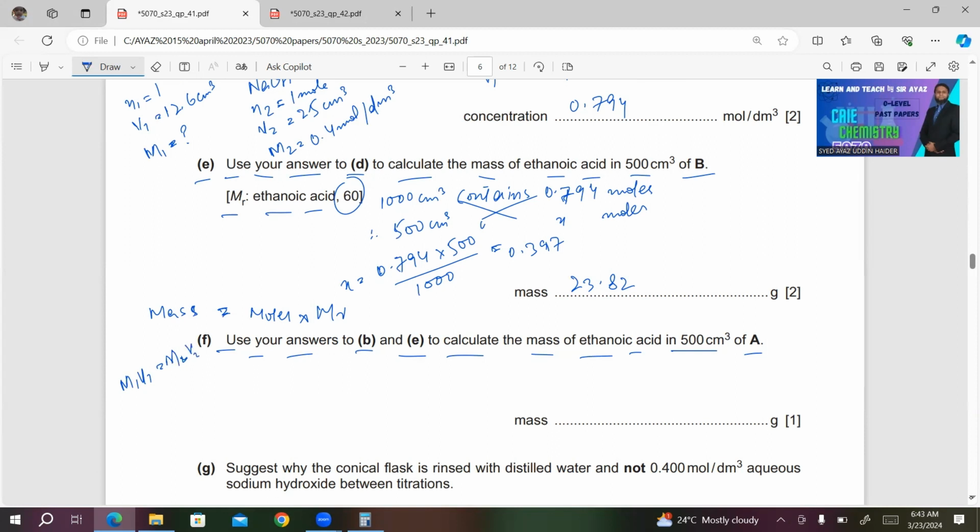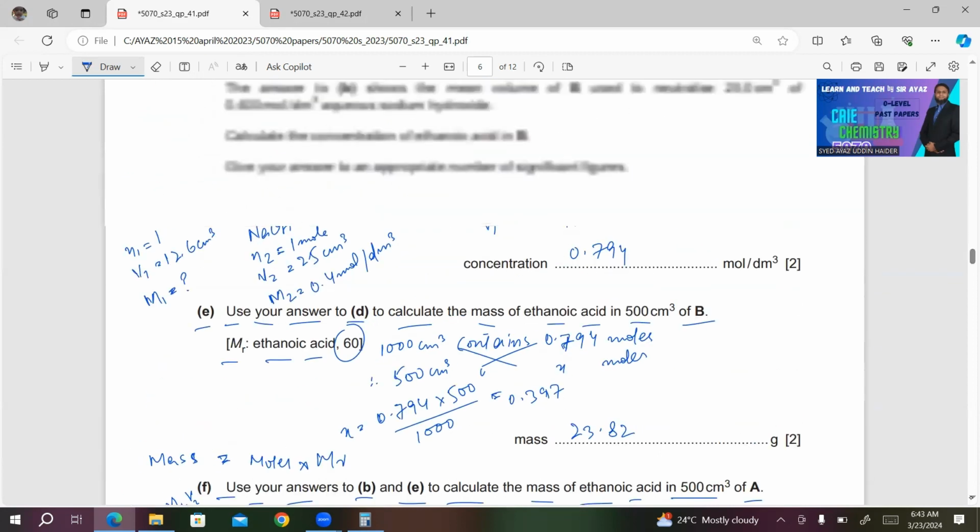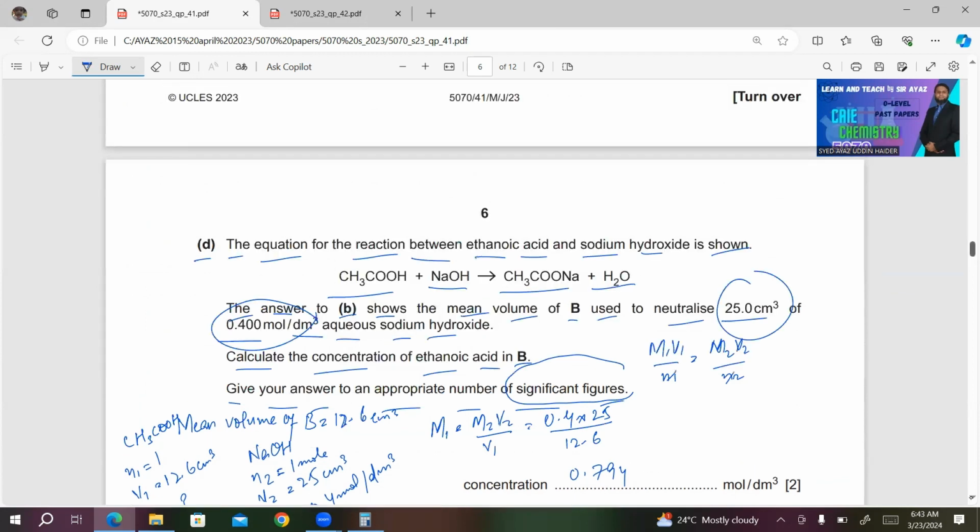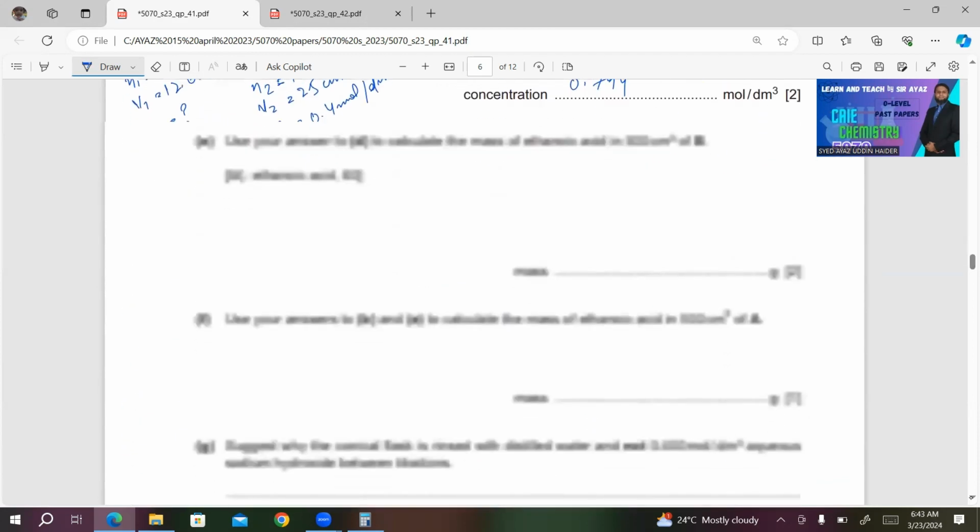M1 is for the concentration of ethanoic acid. I will write M1 is equal to M2 V2 by V1. M2, see it again, is 0.4 and volume is 25.